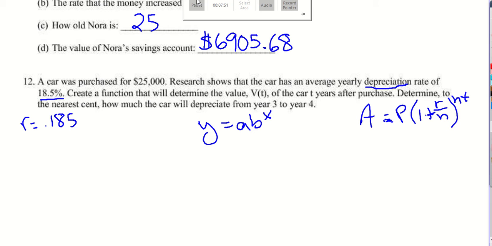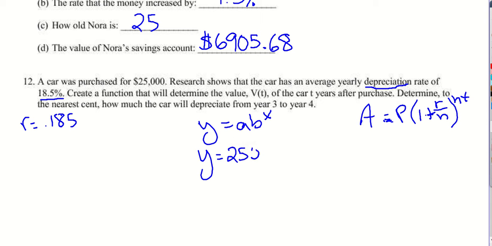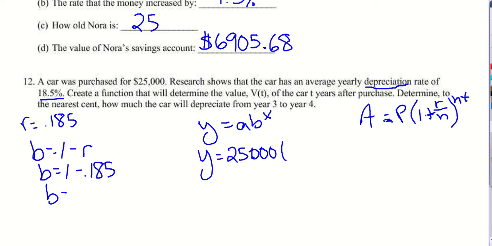All right, so we did the first one. So we're going to do y equals, this is A, so A is our initial amount, that's $25,000. Now B, if you remember for depreciation, is going to be 1 minus R. So B is going to equal 1 minus 0.185. So if this were 19, it would be 81. So this is 0.815.